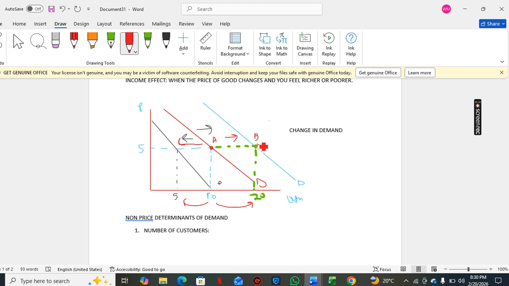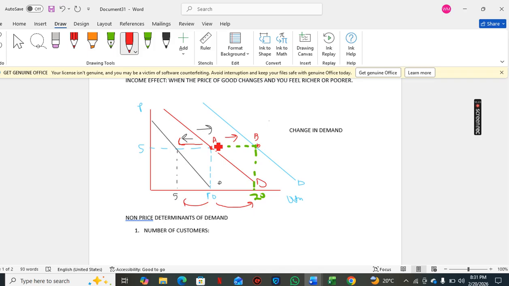And the opposite is also true. If we start at point A and they tell us the price of petrol is going to drop, people are going to wait until the price drops so that they can buy the cheaper petrol.